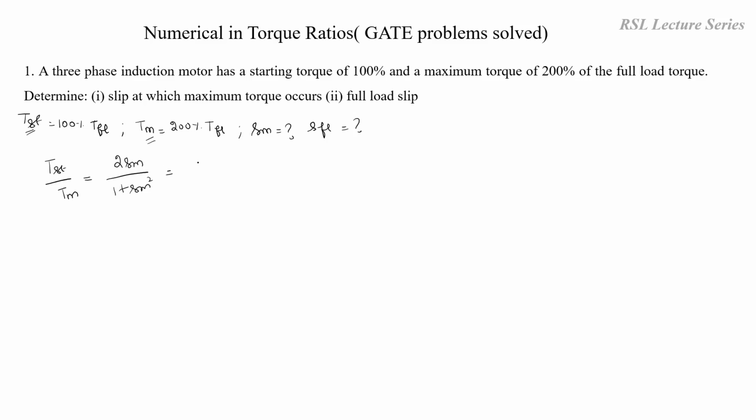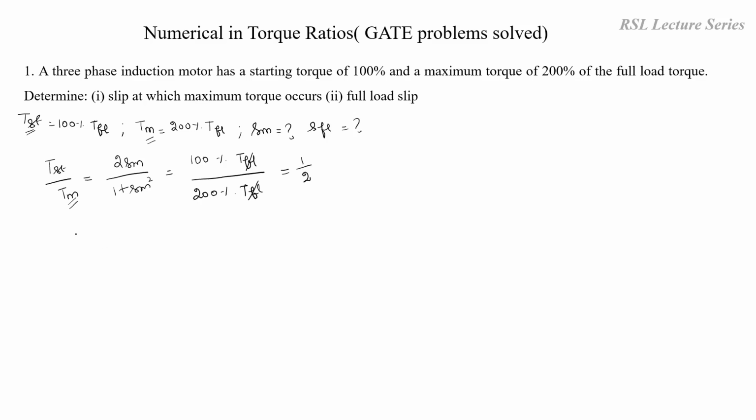So this is 100% of the full load divided by the maximum torque, which is 200% of the full load torque. So this is 100 by 100, this is 200 by 100, that is 2. So 1 by 2. The full load torque will get cancelled, so this will be 1 by 2.